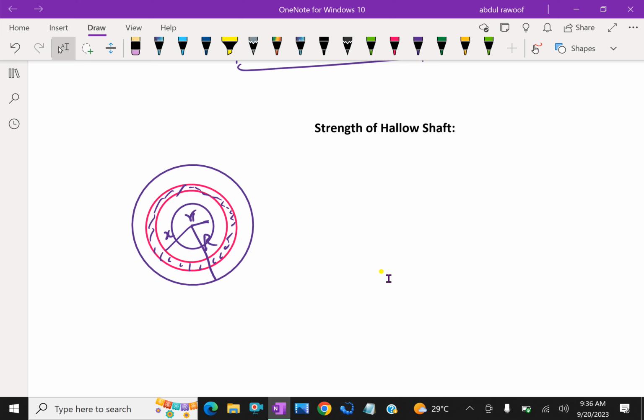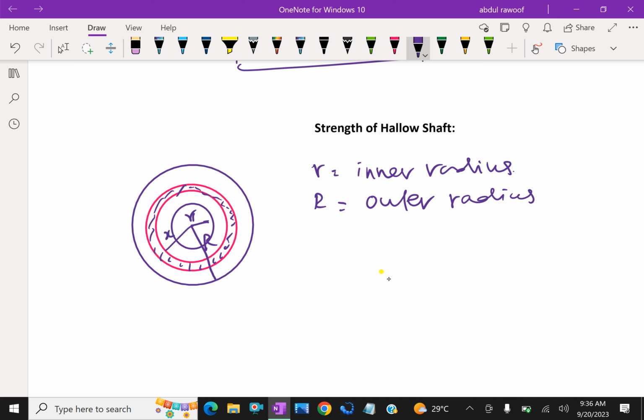Here small r equals the inner radius and capital R equals the outer radius, and similarly small d equals the inner diameter and capital D equals the outer diameter.